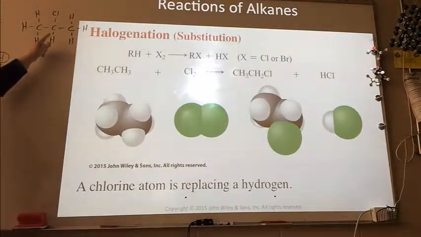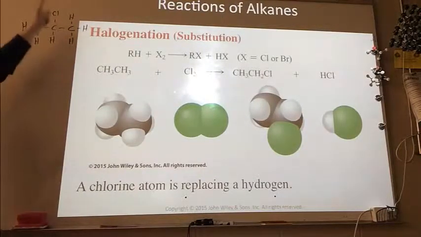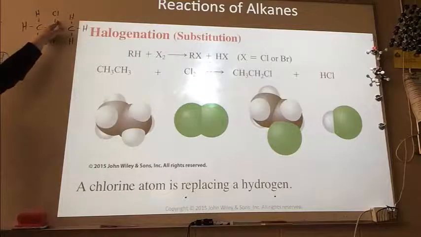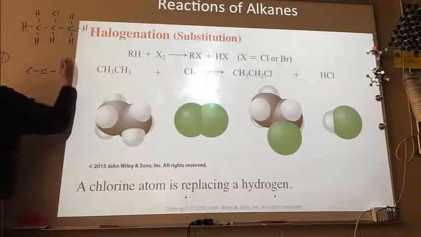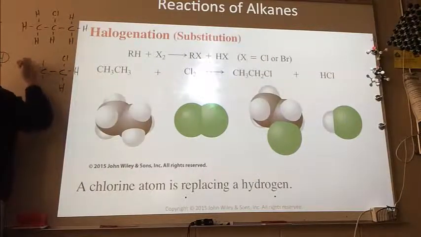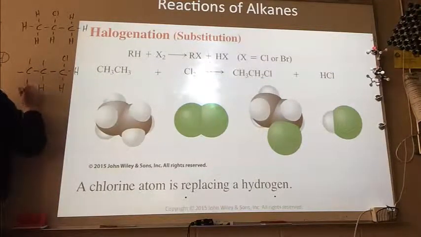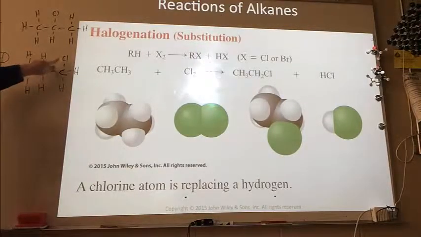And there would really only be two possibilities, because we could put the chlorine in the middle, right? Or we could put the chlorine on either end, which would be the same thing. So this would be one possibility. And this would be one possibility.